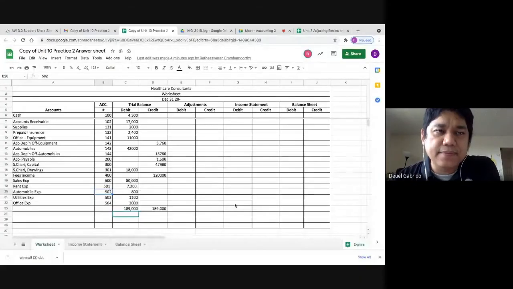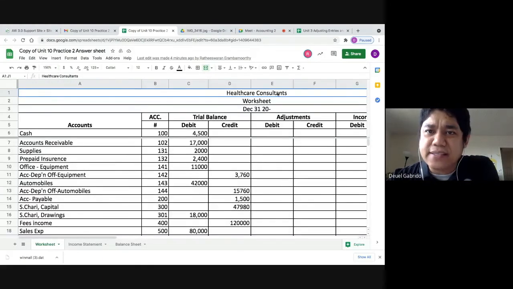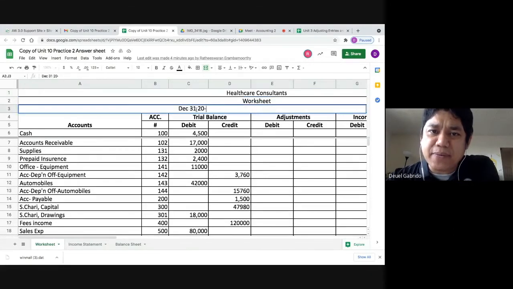Okay, do you guys see the screen now? Yes. Okay, so Ratish Moran was able to put the heading. Look at this, guys. The heading always starts with the name of the company, healthcare consultants. You put the word worksheet, and then the same date, December 31.